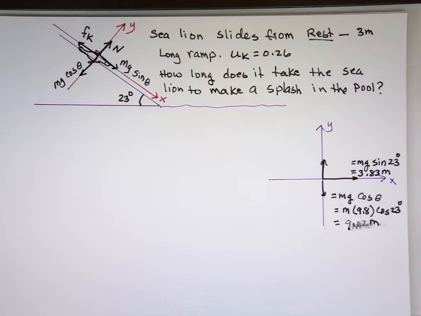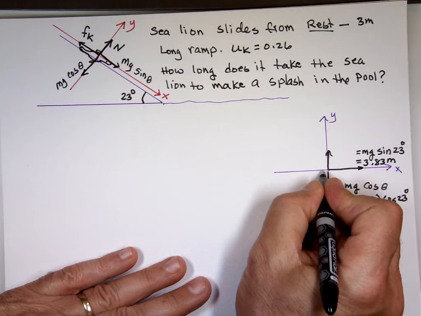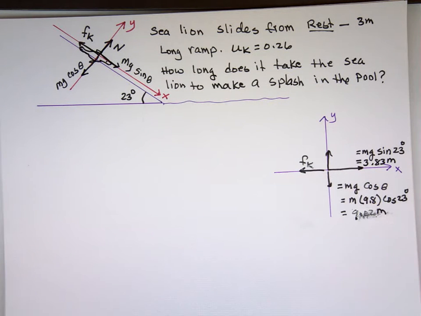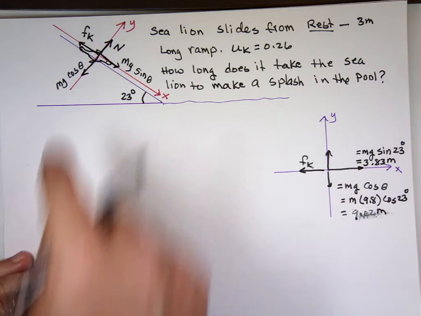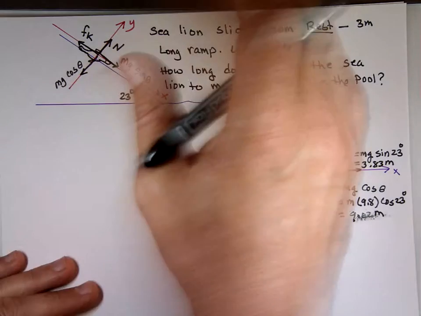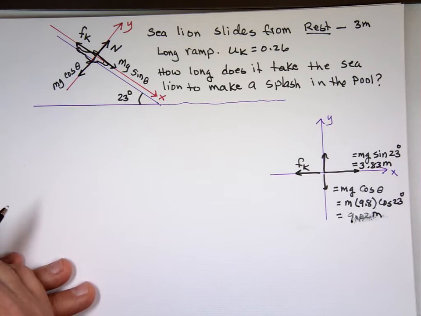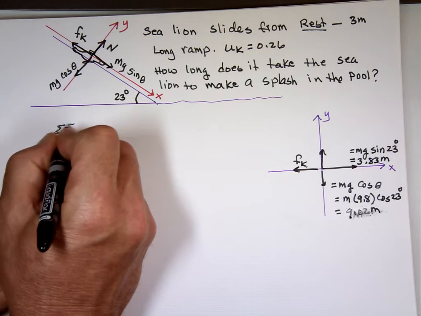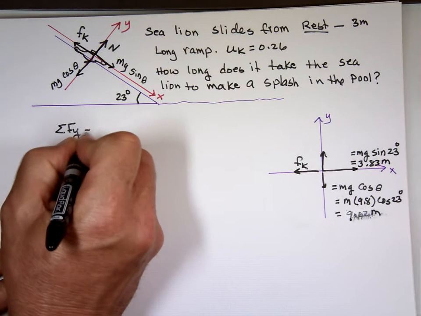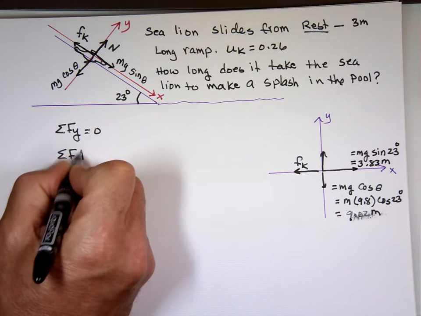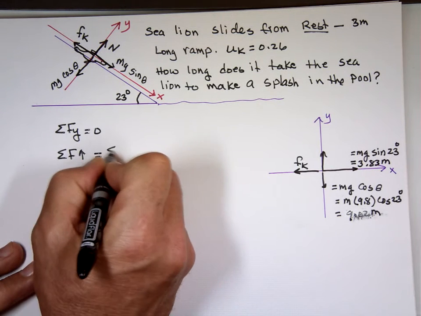And what else do we have? We have the friction force. Now, hopefully the seal wasn't bouncing up and down along the y-axis. It wasn't jumping up in the air. If it's not, then we have equilibrium in the y direction. The net force in the y direction is 0, which means all the forces pointing upward should equal all the forces pointing down.